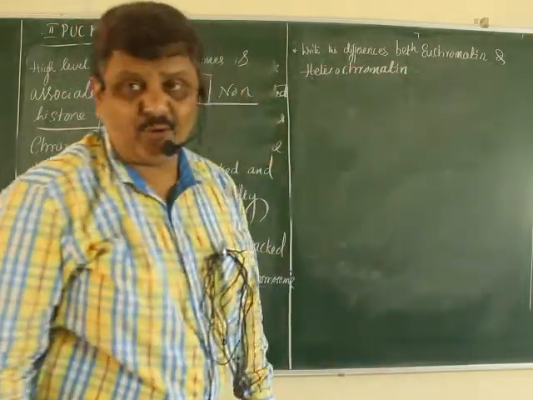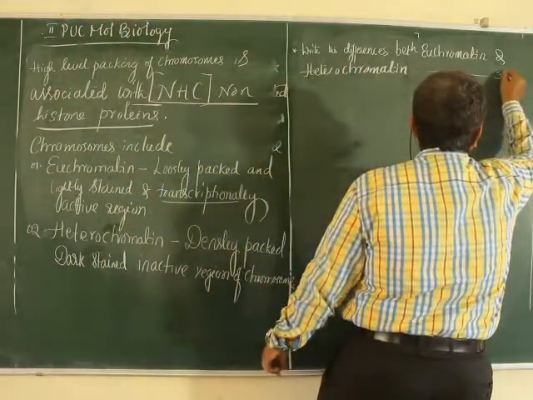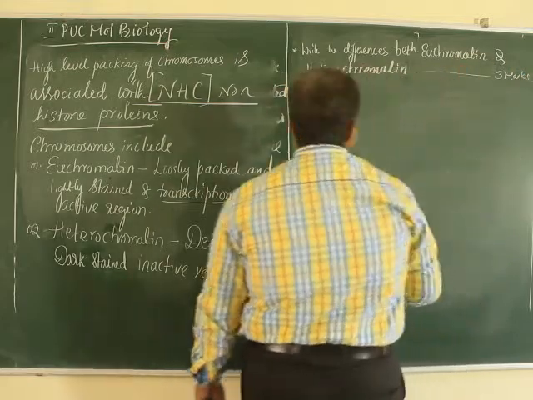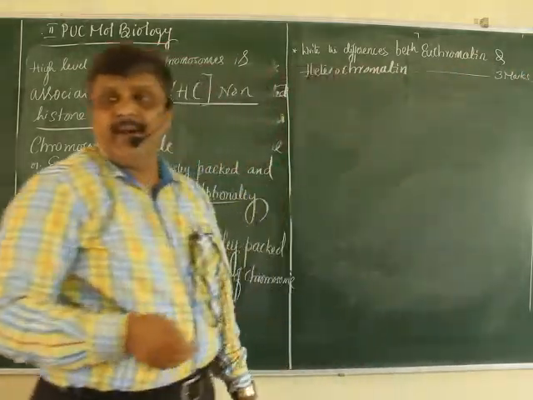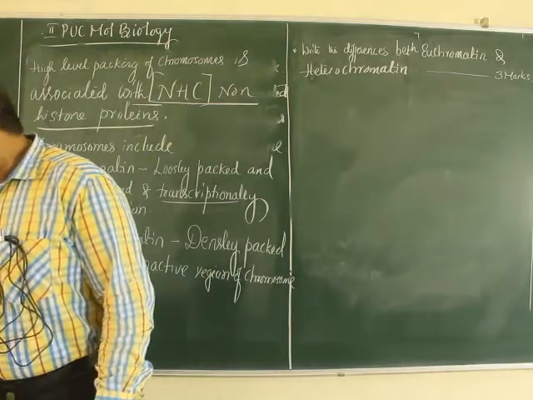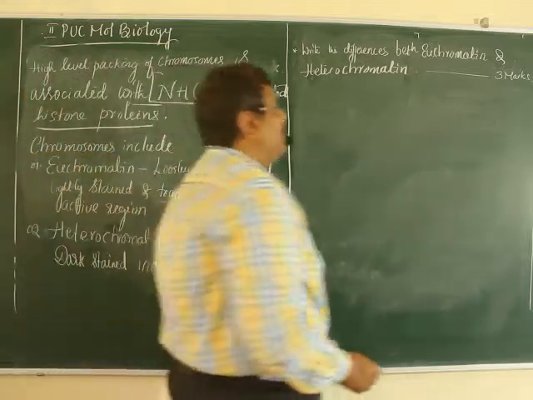If they ask this question, it can be of 3 marks. Then you should write the 3 differences which I mentioned. Is it okay? Yeah. Next, let us study about the search for genetic material.